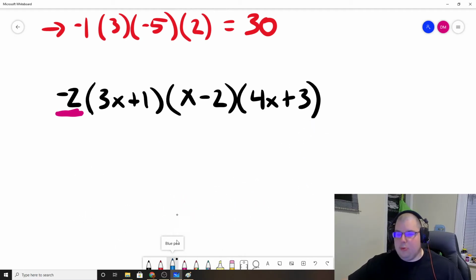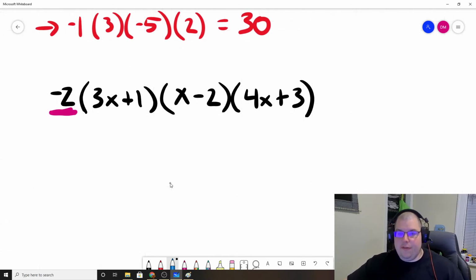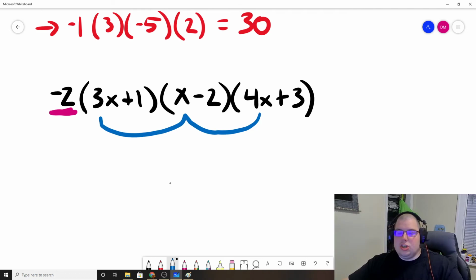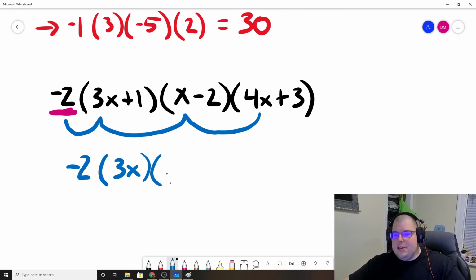Step 1, I want to find the leading coefficient. So I want to take all of the leading terms of each little factor and the number out in front. I'm going to do -2, the number out in front, times 3x times x times 4x.